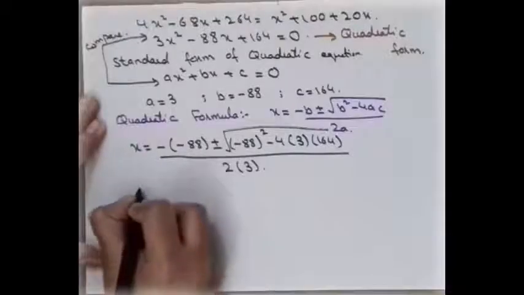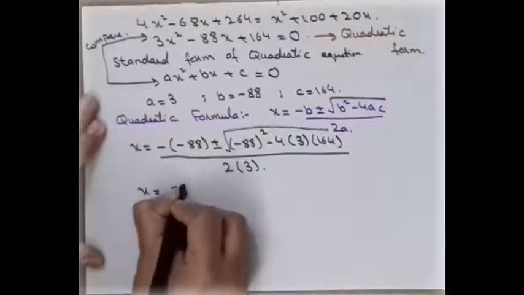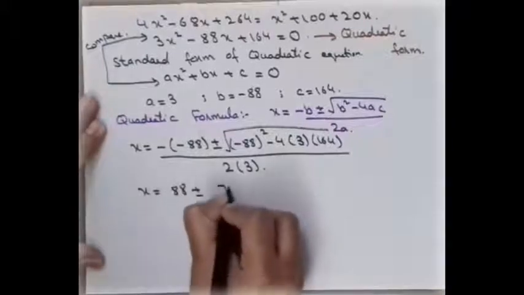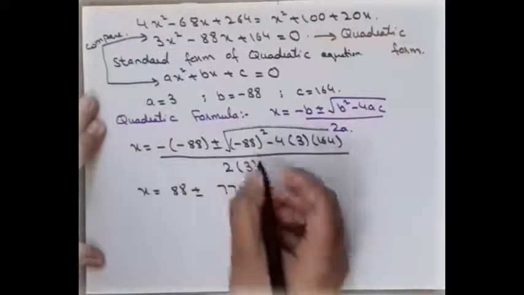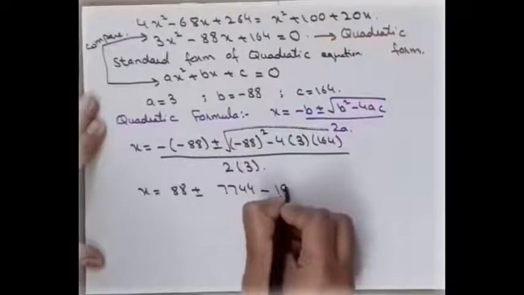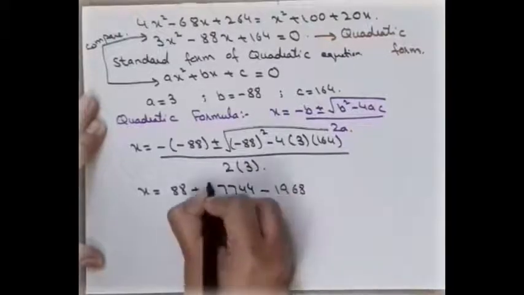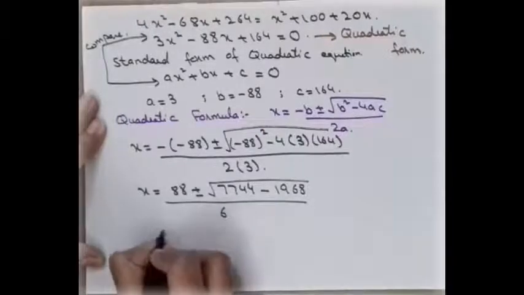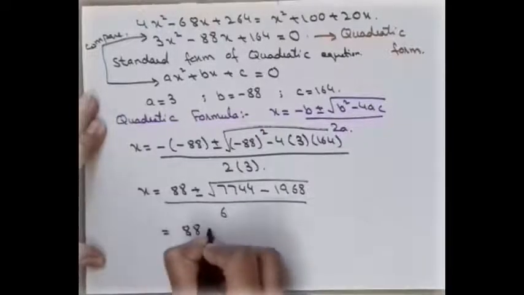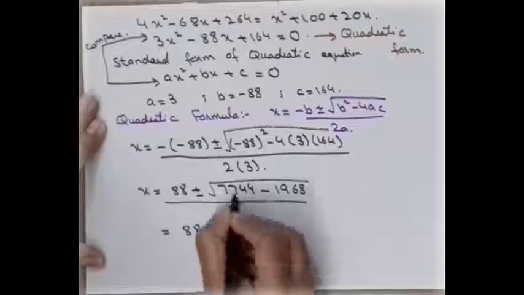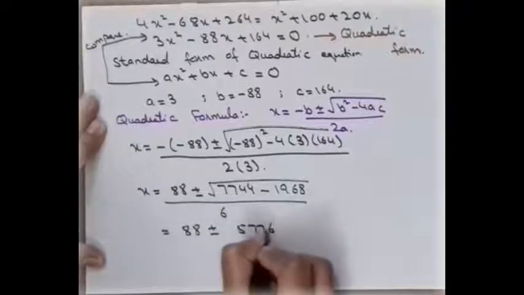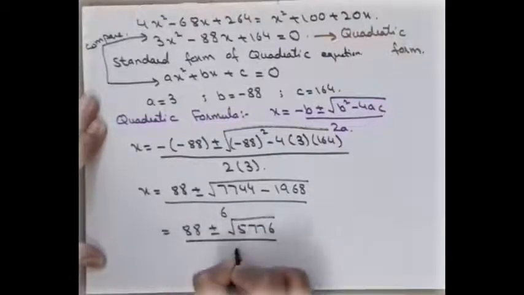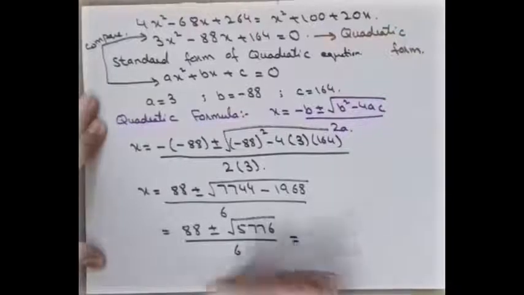So now solving, we have 88 plus or minus the square root of 7744 minus 1968, divided by 6.